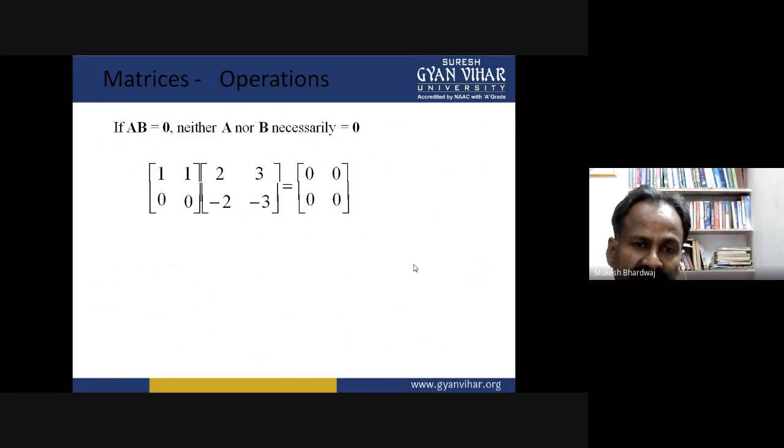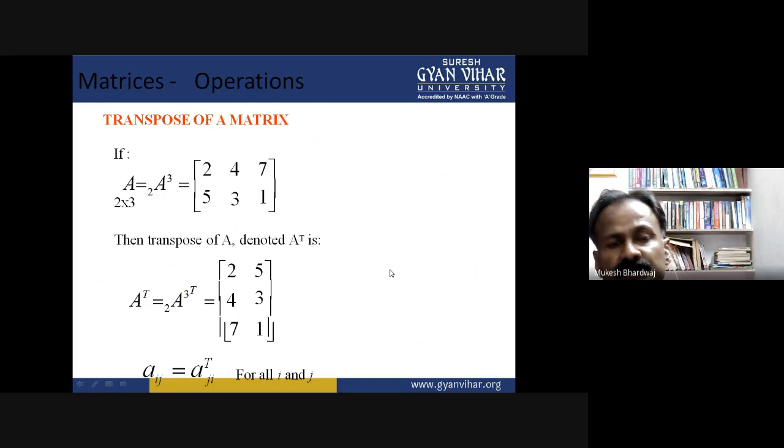That means here is the proof: we cannot say directly that A or B is necessarily 0. If they are not 0, the result coming out to be 0 does not ensure that all the elements of A and B are necessarily equal to 0.